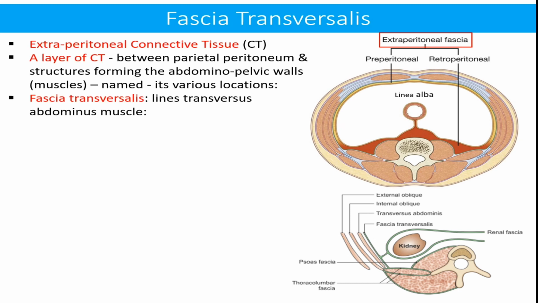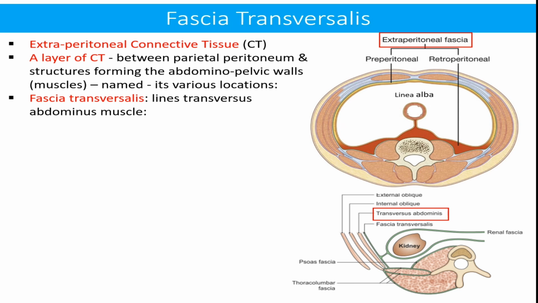Fascia transversalis. Extraperitoneal connective tissue is a layer of connective tissue present between the parietal peritoneum and structures forming the abdominopelvic wall. It is named according to its various locations.